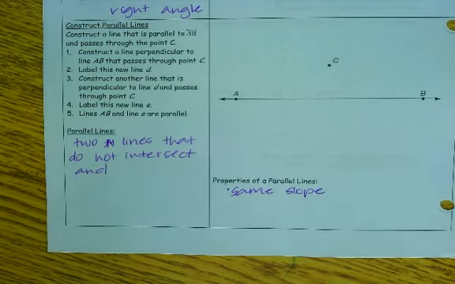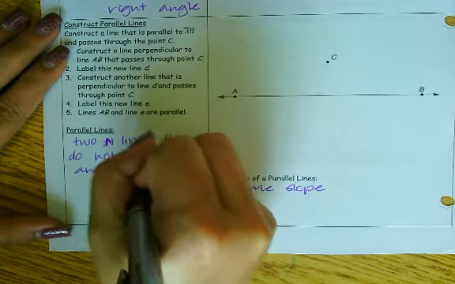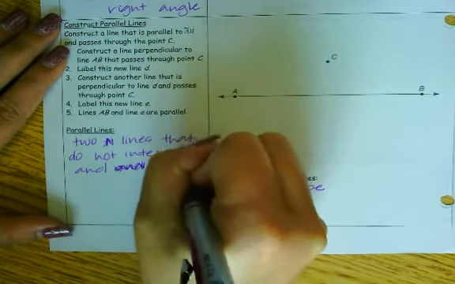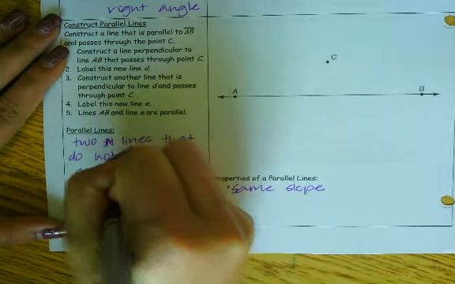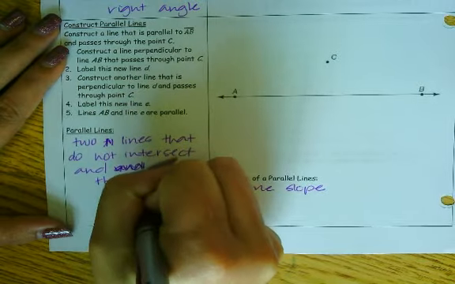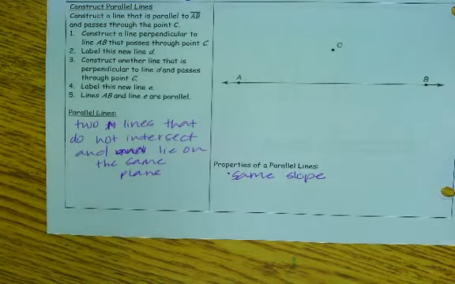How do we distinguish the difference between parallel and skew? They lie on the same plane. Very good. So parallel lines are two lines that do not intersect and they lie on the same plane.